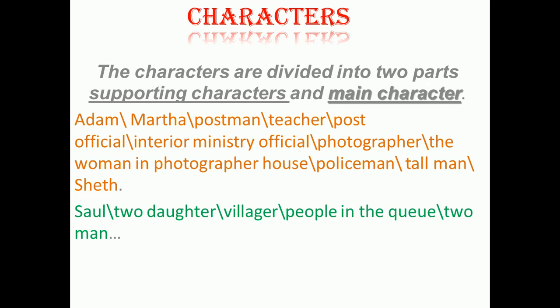The photographer is the man who cheats Adam and takes his money without taking a photograph. The woman in the photographer's house: when Adam came to take his picture, he met the woman and she said to him that she is new in that house and doesn't know any photographer there.